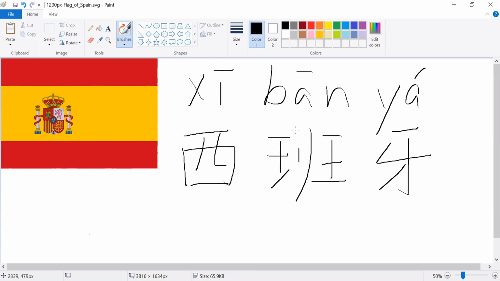And 班 can mean class. And 牙 actually means tooth or teeth. Okay, so each character has its specific meaning, but when they're put together, they just mean the name of this country, okay, because they're chosen for the sound to represent the country's name in Chinese. Okay, 西班牙 means Spain. Well done.